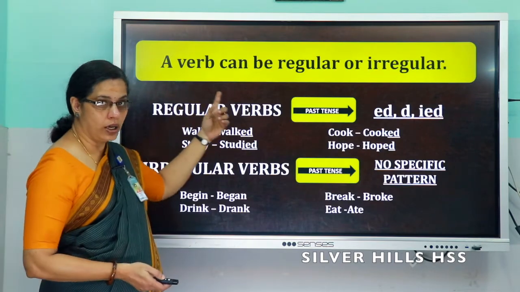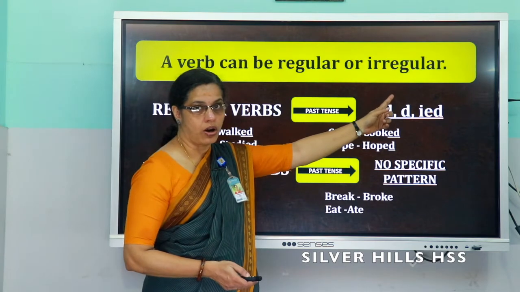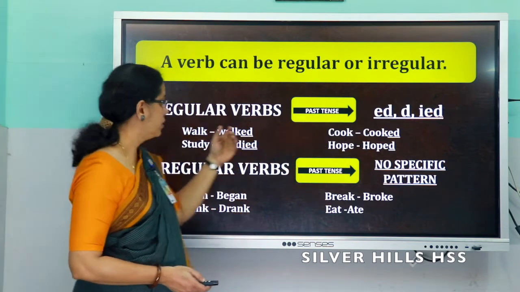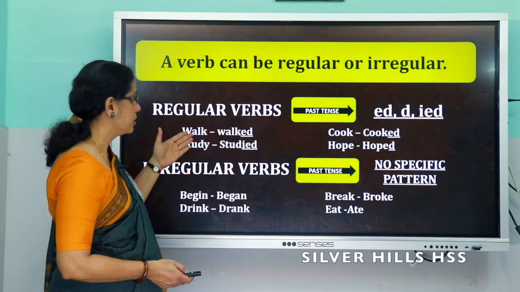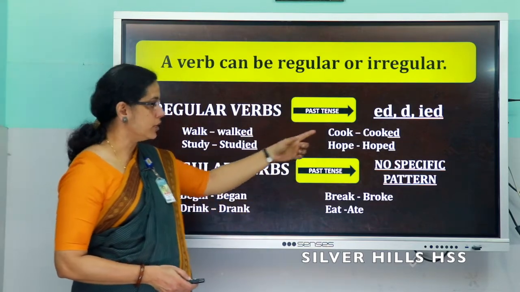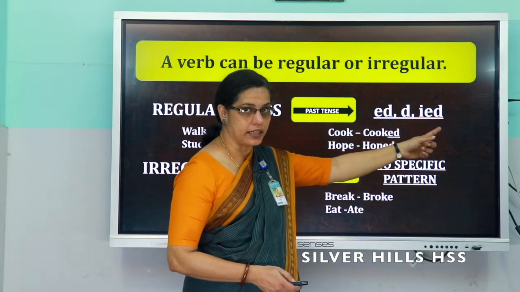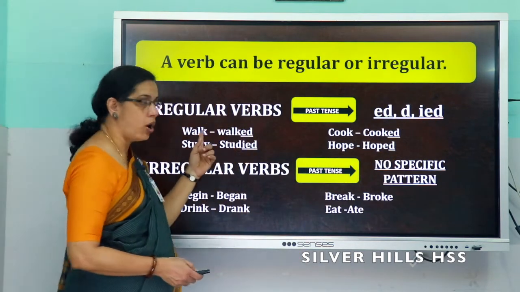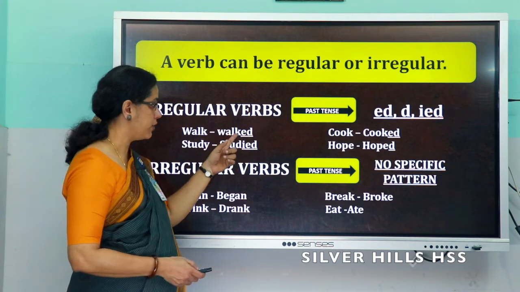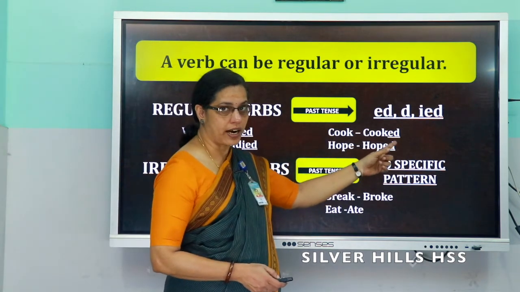Now, a verb can be regular or irregular. That is, regular verbs for past tense, when we change it into past tense, we just add ed, d or ied. Example, walk, walked. Here we have added ed. Here cook, cooked. We have added ed.